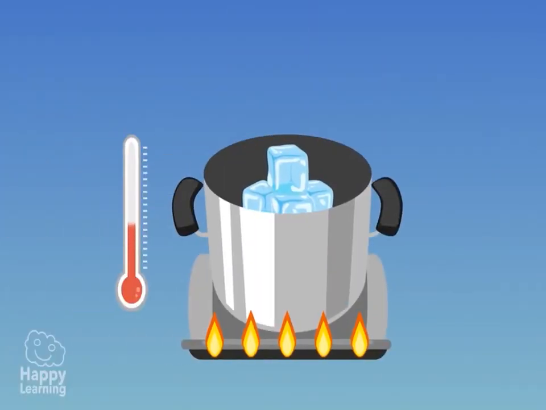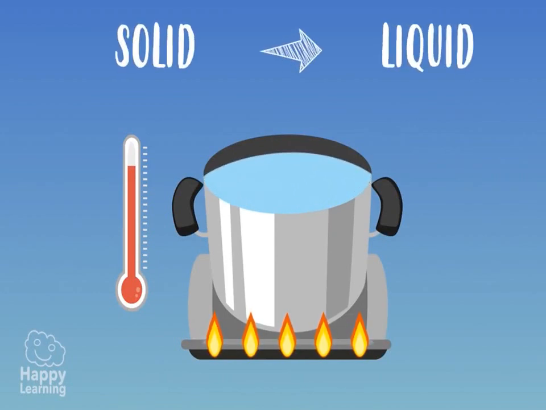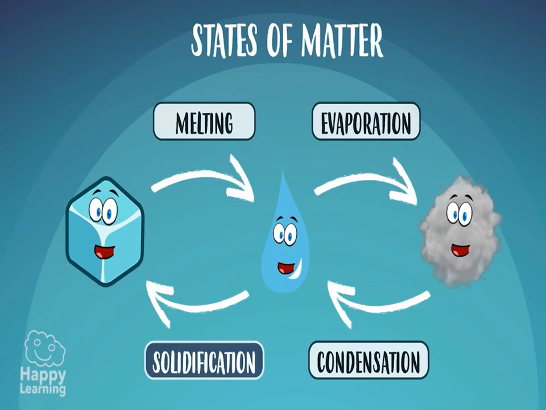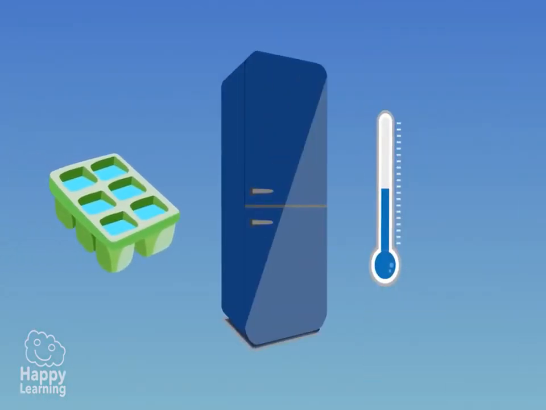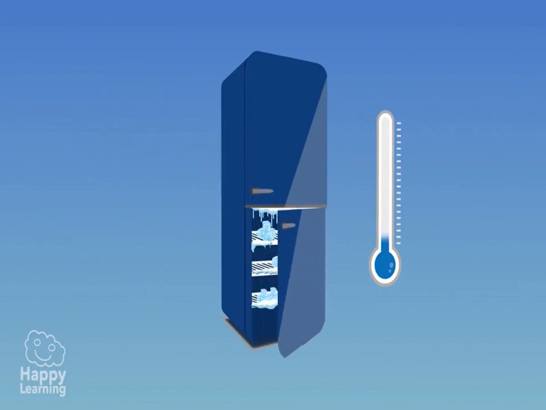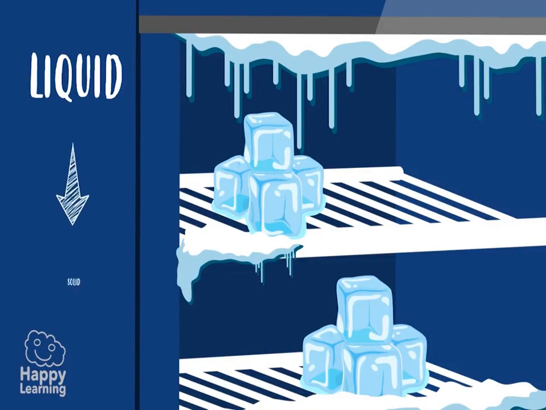When we heat an ice cube or leave it at room temperature, it melts and changes from solid to liquid. Solidification is the opposite from melting. Matter changes from liquid to solid form. It happens when we put water in the freezer and it turns into ice. It goes from liquid to solid.